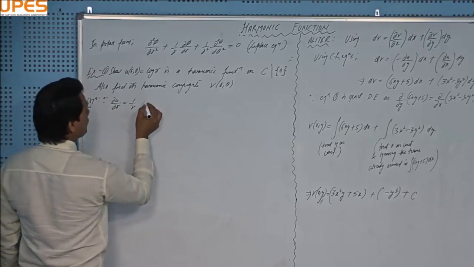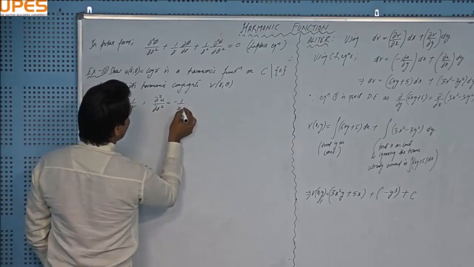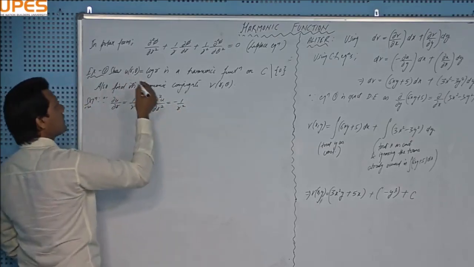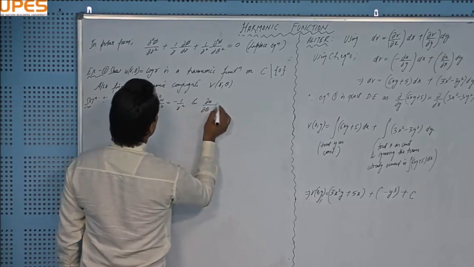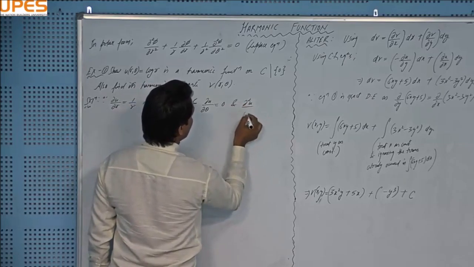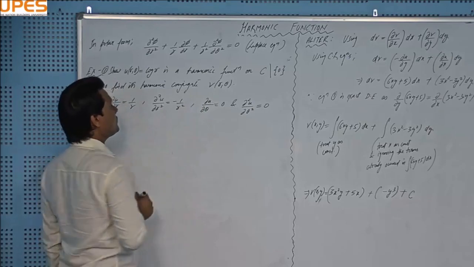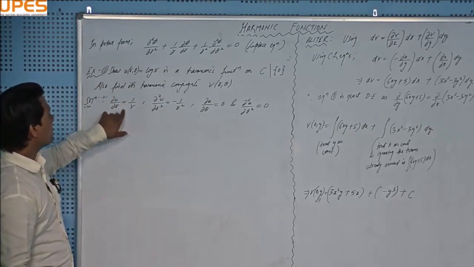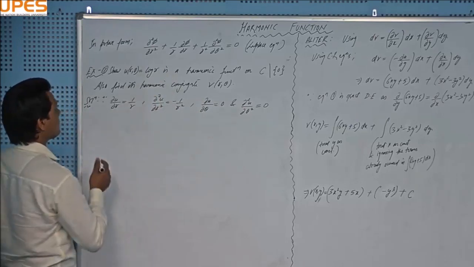Then del square u over del r square, that will be minus 1 over r square. Then del u over del theta, that will be 0, and del square u over del theta square is again 0. So you need just 3 derivatives. Plug these derivatives in this Laplace equation.